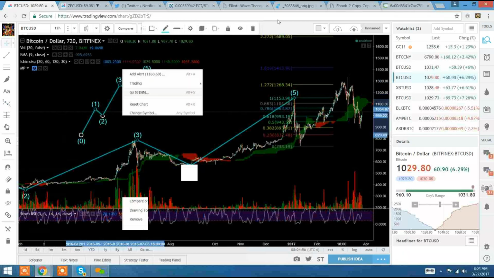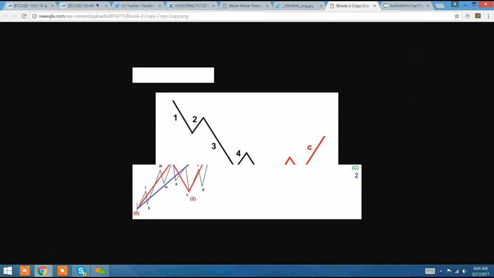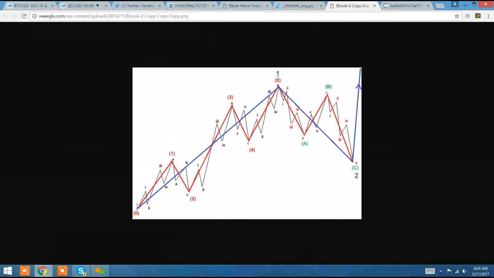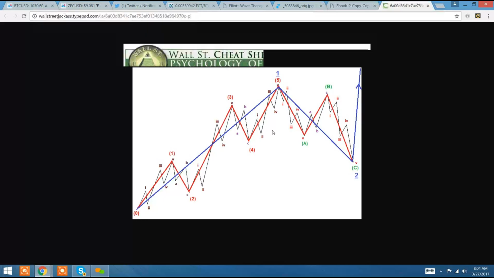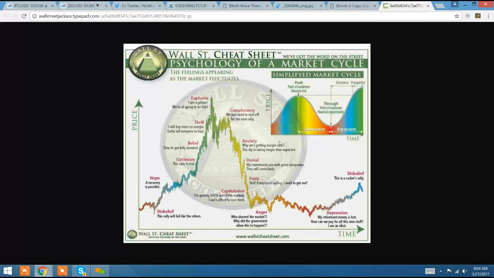Because this is the kind of thing that repeats itself over and over again. This market structure can be found in any time frame. It really can. And until I noticed it and put it together with the psychological market structure, I lost. Since I've been practicing this strategy, I've been on a huge winning streak for the last couple of years, where I'm about 80% right. Recently I've been about 90% right, but about 80% on the usual.